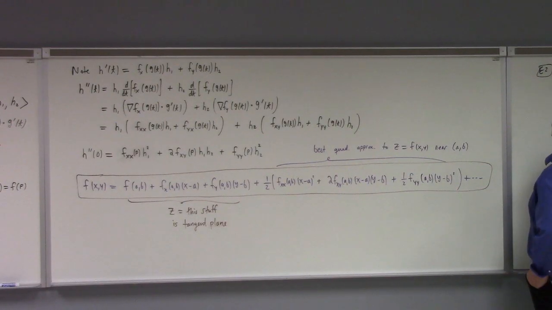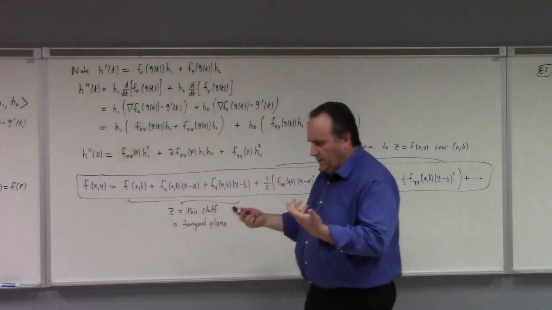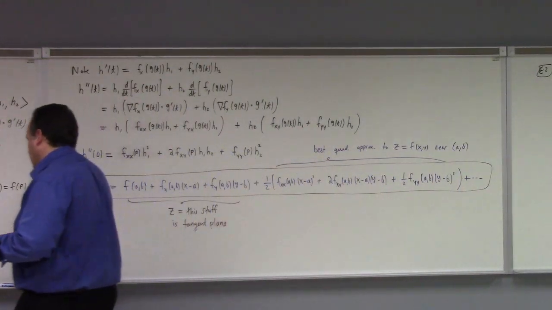Suppose I had f(x, y, z) = 13 + 3x - z + xy +, I don't know, let's say yz². So this would be an example of a multivariate power series, right?